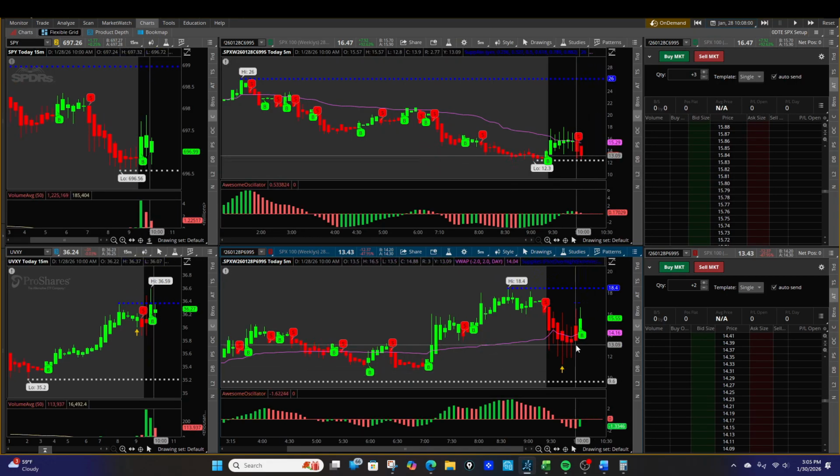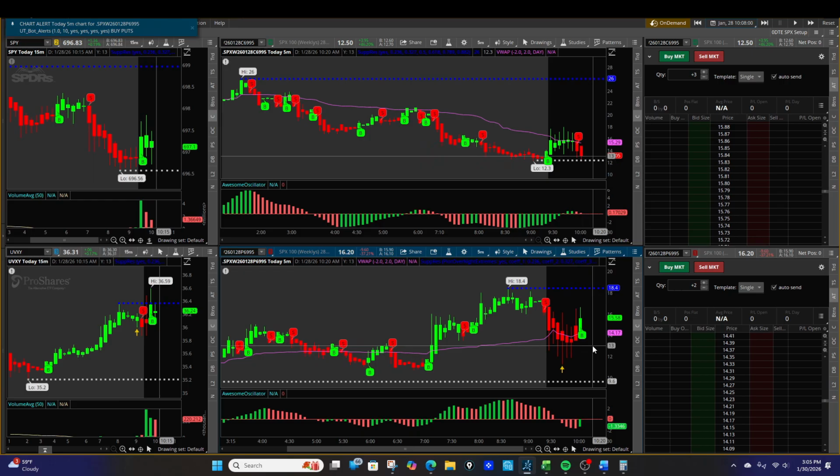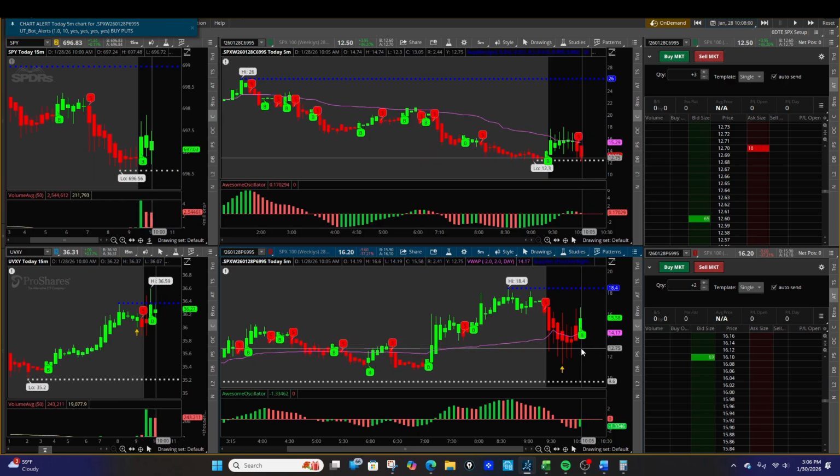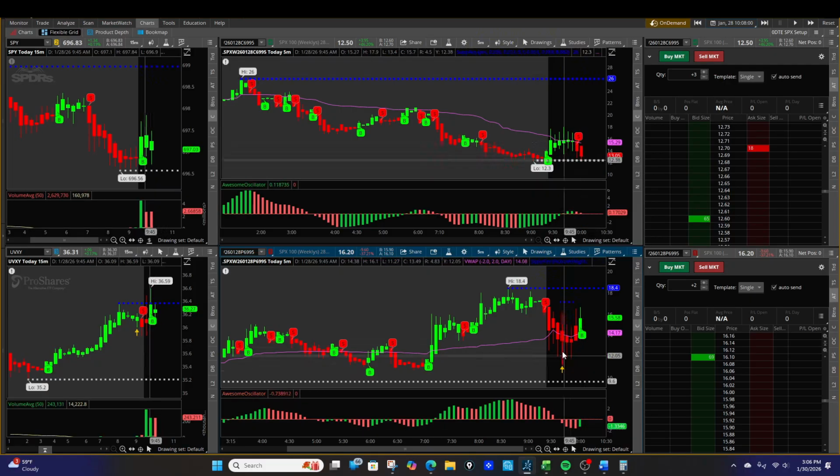Okay, and this buy signal on the puts, that is where I made my first trade. I had the buy signal with a green candle and also the green awesome oscillator bar. So everything was set to buy. So I bought 2 contracts.